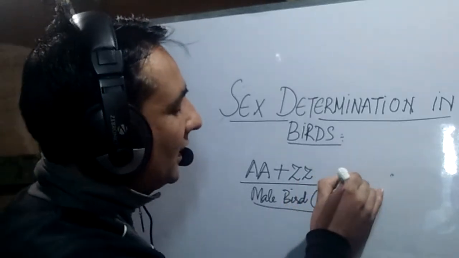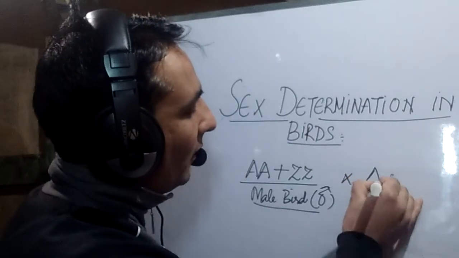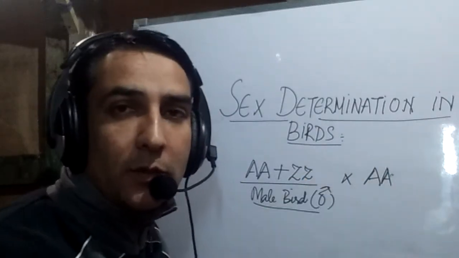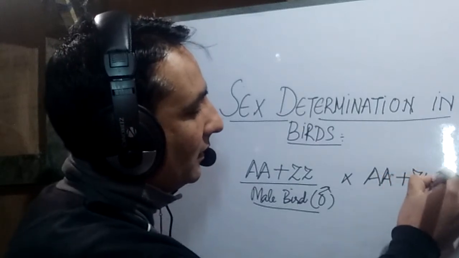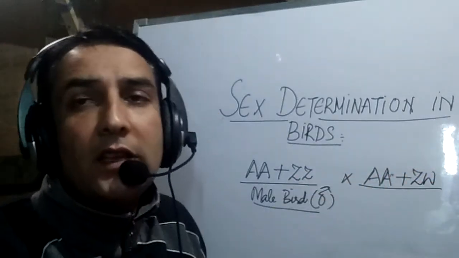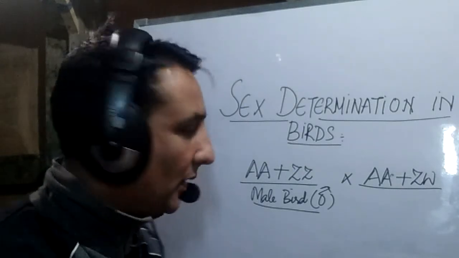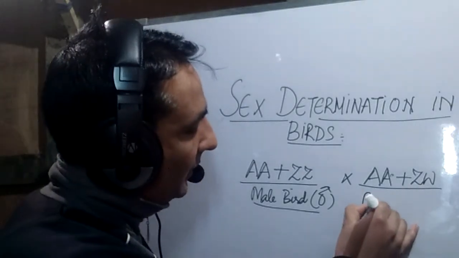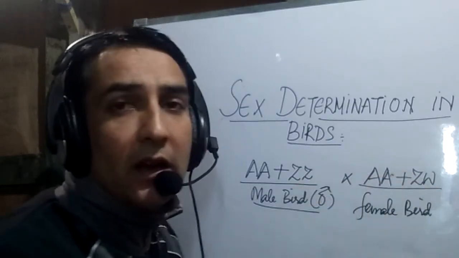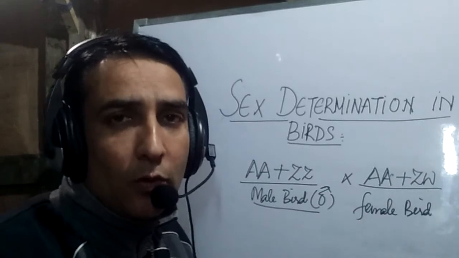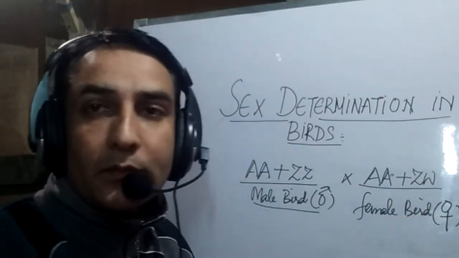Again, in female birds, the chromosomal formula will be AA, homologous pairs of autosomes, plus ZW. This ZW is the sex pair in the female birds. The female is represented in genetics by this sign.